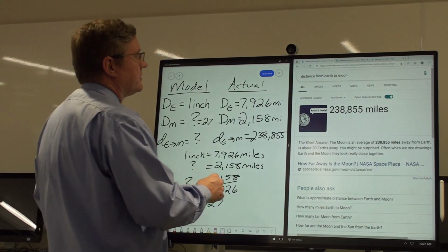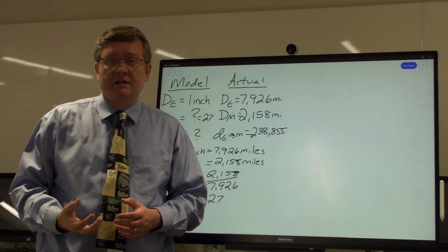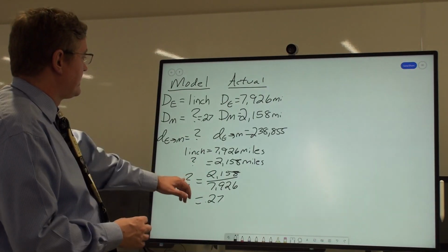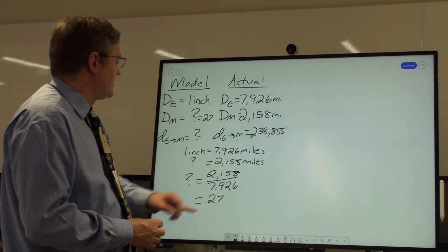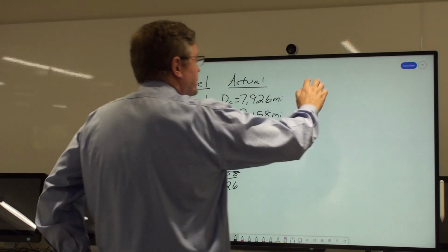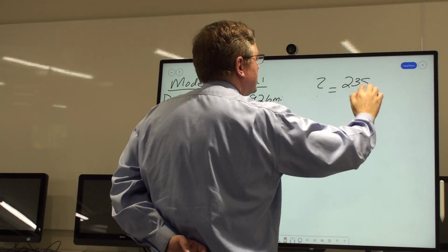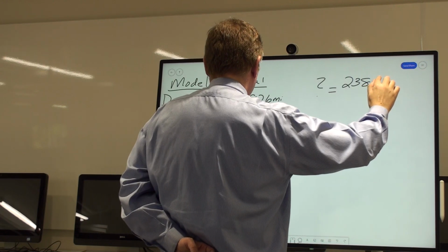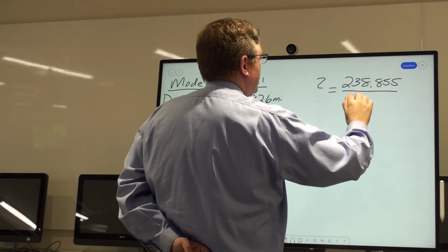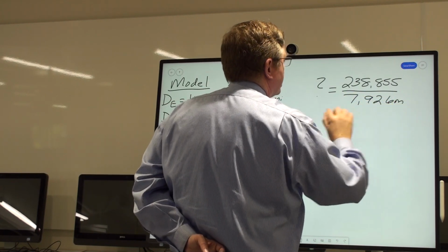Now what I need to do is I need to see how far away the Earth and the moon are separated. So we're going to do the same thing that we did here, but in this case it's 238,855 miles. So my question mark here is 238,855, that's my actual distance, divided by the 7,926 miles.